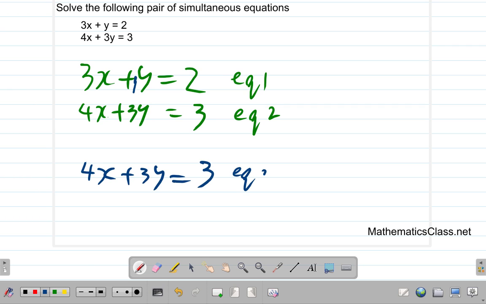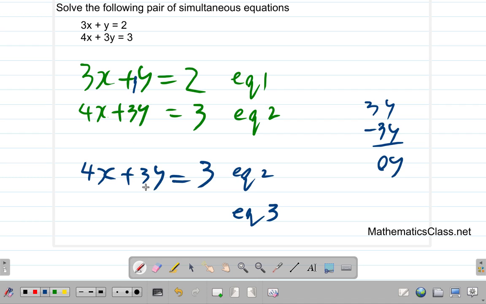This is the same equation 2, you know. But suppose now we get a third equation, which we're going to call equation 3, and it will have a 3y in it. You know that 3y minus 3y gives you 0y. So let's try that technique.